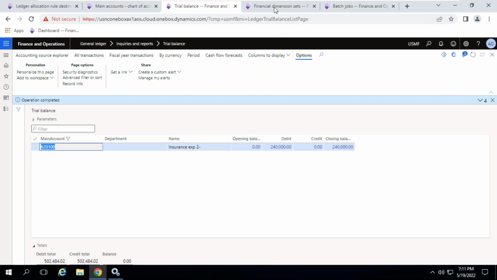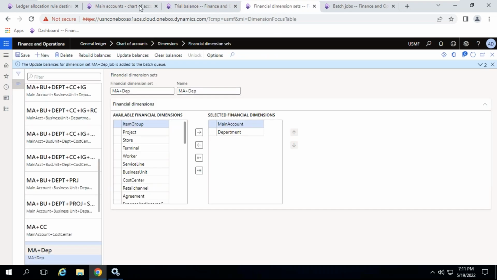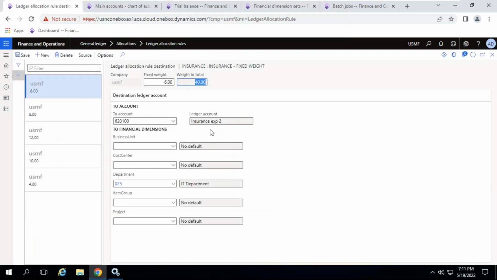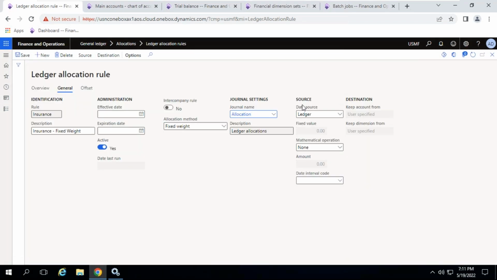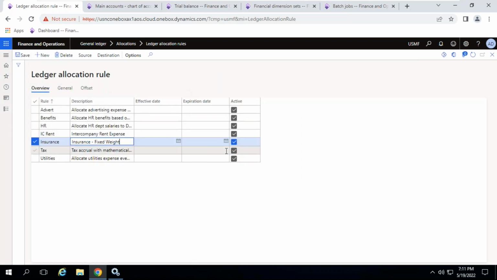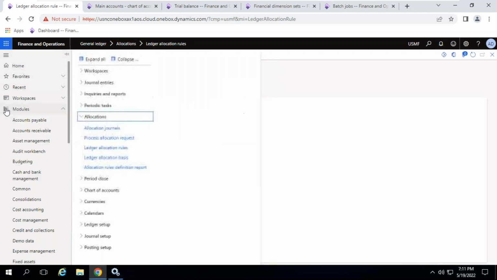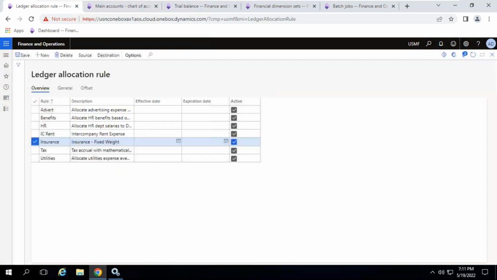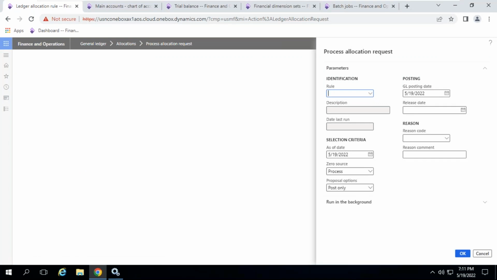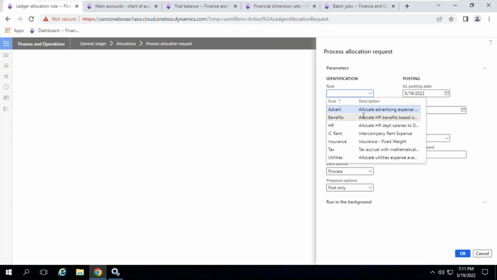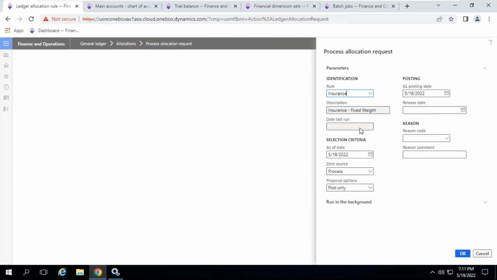Now we have created one ledger allocation rule. Fixed weight method we have created for insurance. Now you can click on process allocation request. Select here insurance fixed weight method.